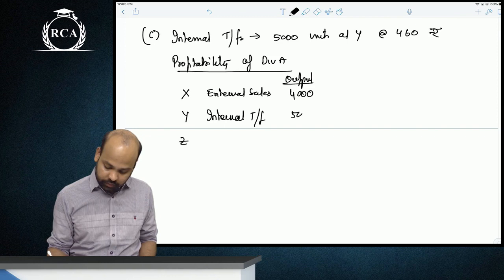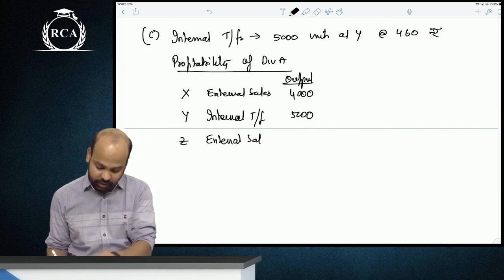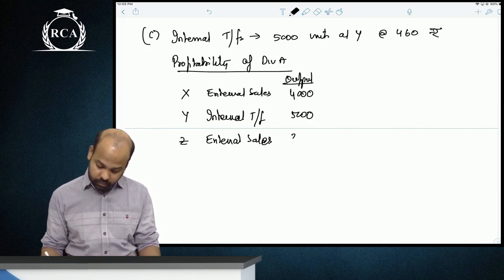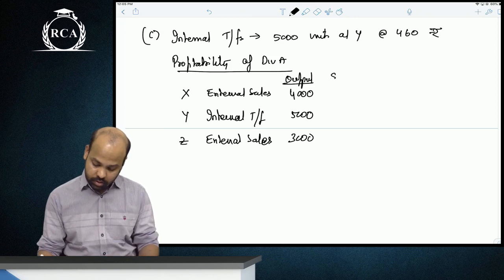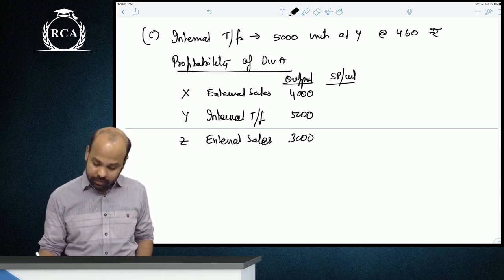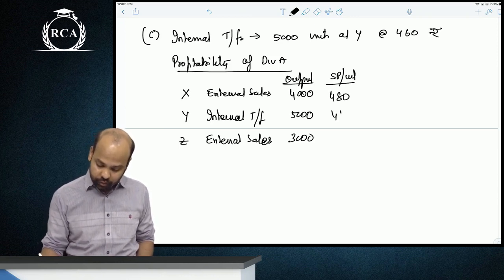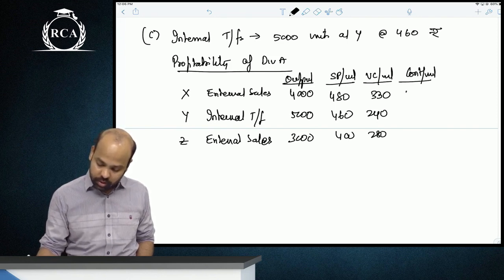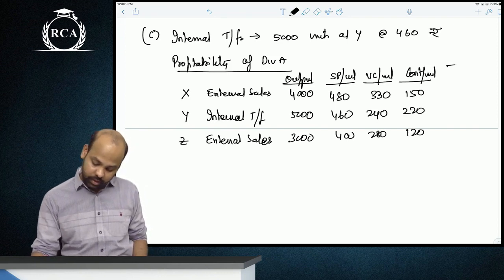Internal transfers are 5,000 units. External sales of Z is 3,000, right? Selling price per unit is 480, 460, 400. Variable cost per unit is 330, 240, 280. Contribution per unit is 150, 220, 120.